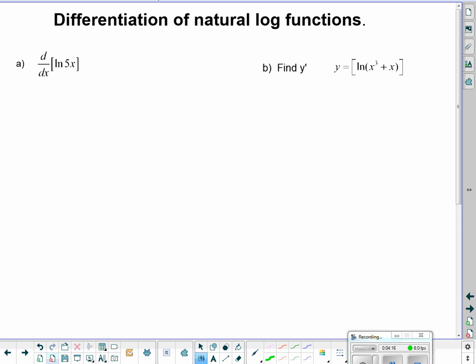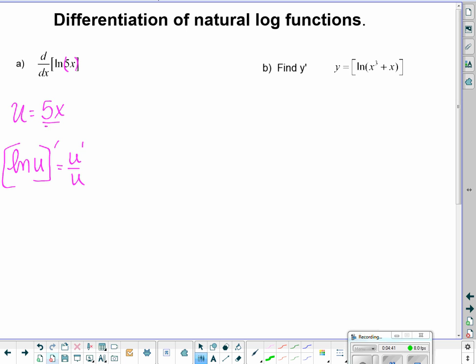So first problem, the derivative with respect to x of natural log of 5x. That 5x is our function, isn't it? I think of the u being 5x. And we just had seen on the previous screen, and you have this right above because you're on your note sheet, the derivative of natural log u will be u prime over u. So we just have to fit that pattern.